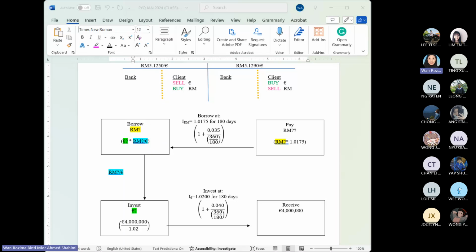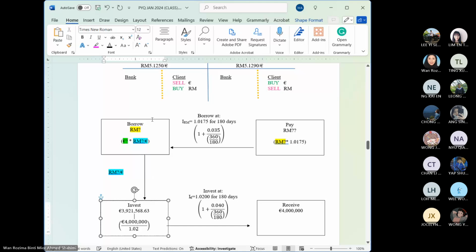Based on this, the amount is 3,921,568 and 63 cents.